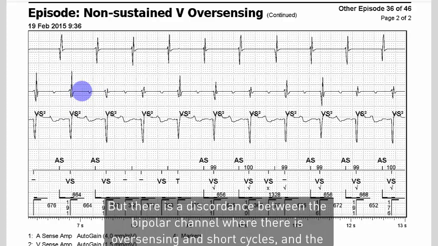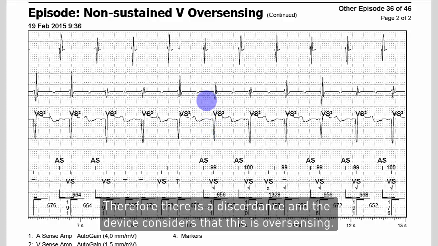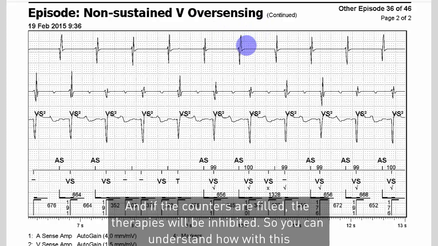But there is a discordance between the bipolar channel, where there is oversensing and short cycles, and the discrimination channel, where there is no oversensing and no short cycles. Therefore, there is a discordance, and the device considers that this is oversensing. And if the counters are filled, the therapies will be inhibited.